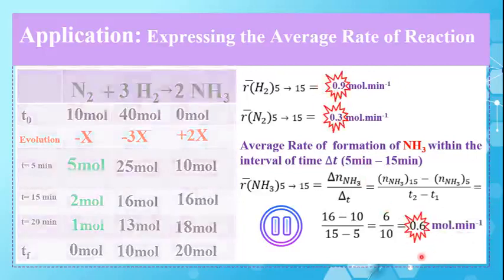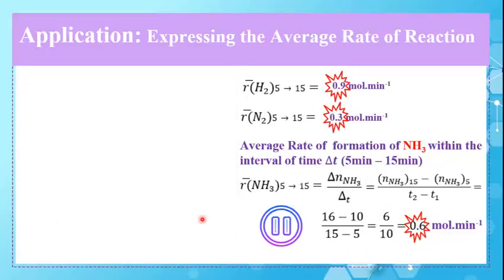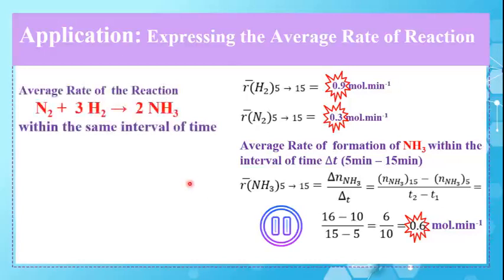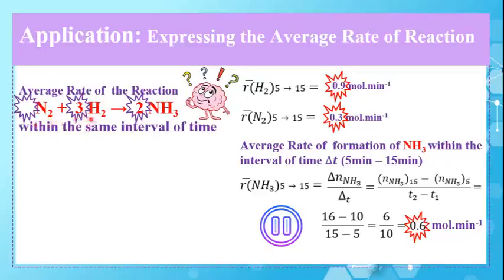What if we want to calculate the average rate of the reaction in this interval of time? Observe the stoichiometric coefficients of the reactants and the product and compare them with the values of rates calculated before.